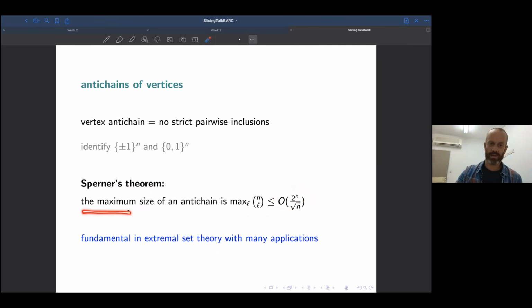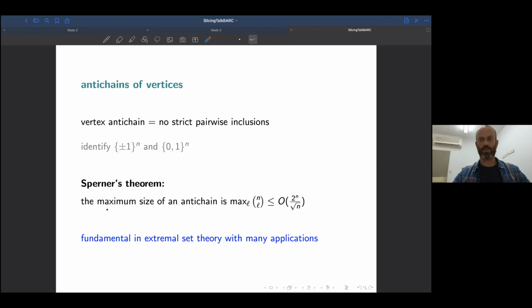I guess this is taught in undergraduate classes, and at least I teach it. And I want to explain some new idea that is related to Sperner's theorem.